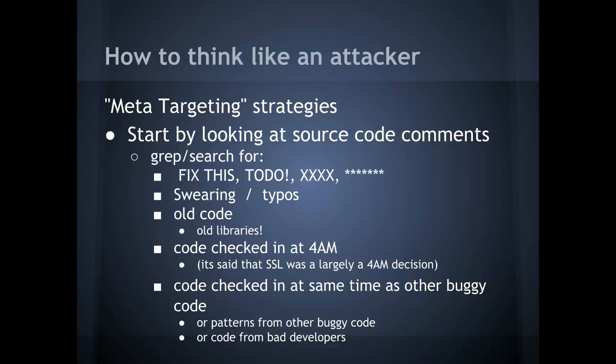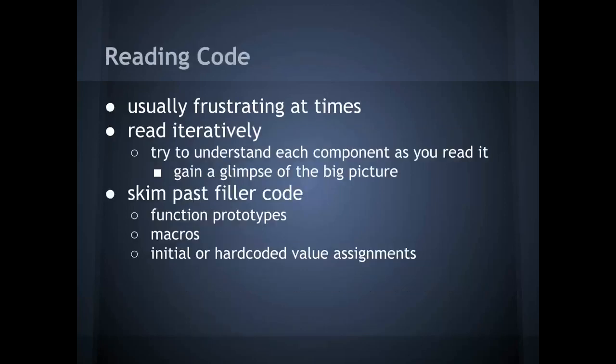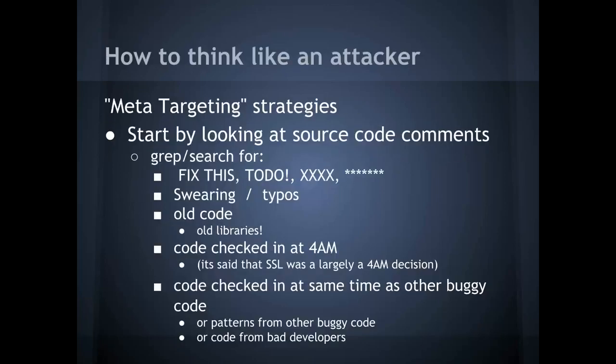Also look for code checked in by, if you happen to find systemic bugs by one developer, look through his other stuff, and perhaps also, if it's a large amount of code, just target code checked in at the same time as the other bugs, and look for patterns from that buggy code or stuff like that. It's really preying on the weak, a lot of these strategies, but it does pay off.